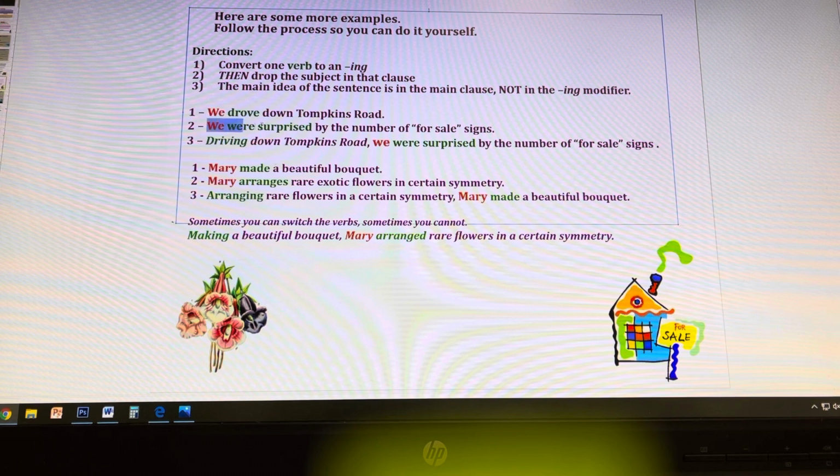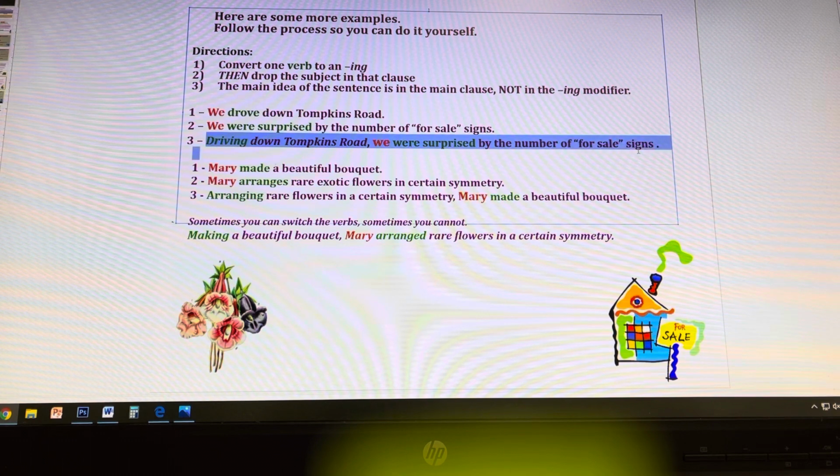Then the other clause has to be a complete thought. We were surprised by the number of for sale signs, which it is. So these two things now are happening at the same time in a complex sentence structure. Driving down Tompkins Road, comma, we, there's our subject, were surprised by the number of for sale signs.